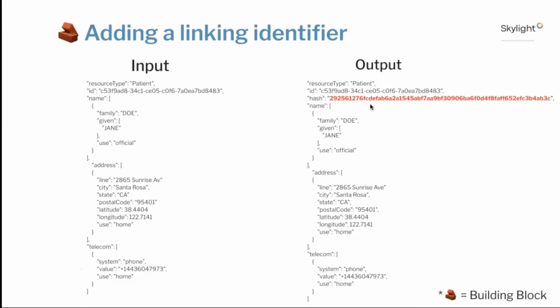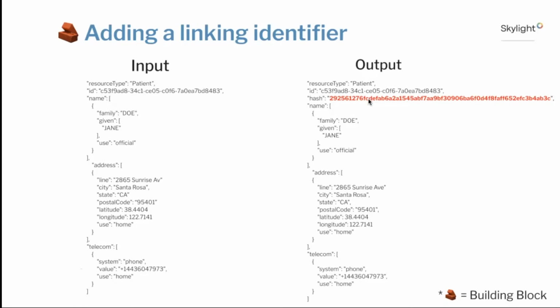Effectively, we take all of the characters in the name, date of birth, and address, do some fancy math on it to get this hash, and then we can use this hash to link other patients. Effectively, it's just a slightly more complicated way to match patients directly on name, date of birth, and address. So any patients that have the same name, date of birth, and address will have the same hash.